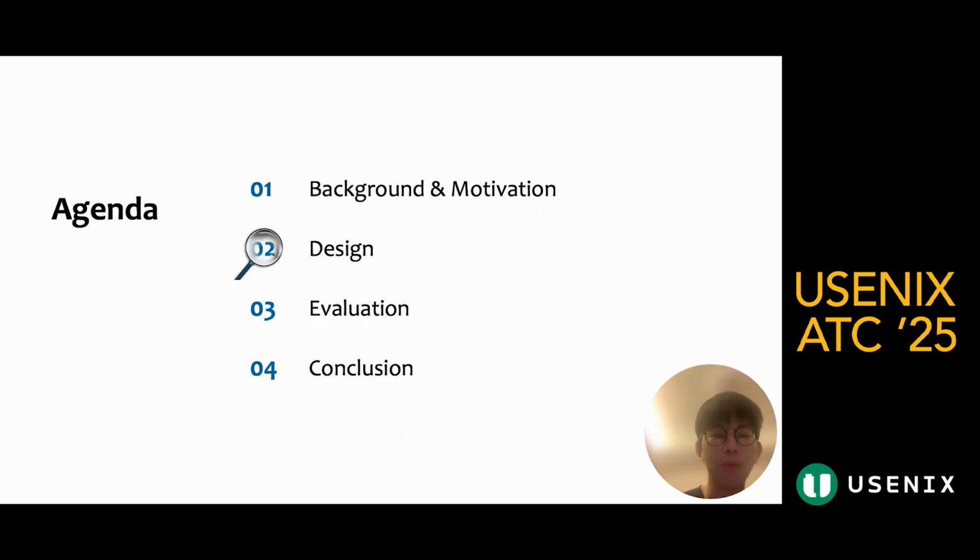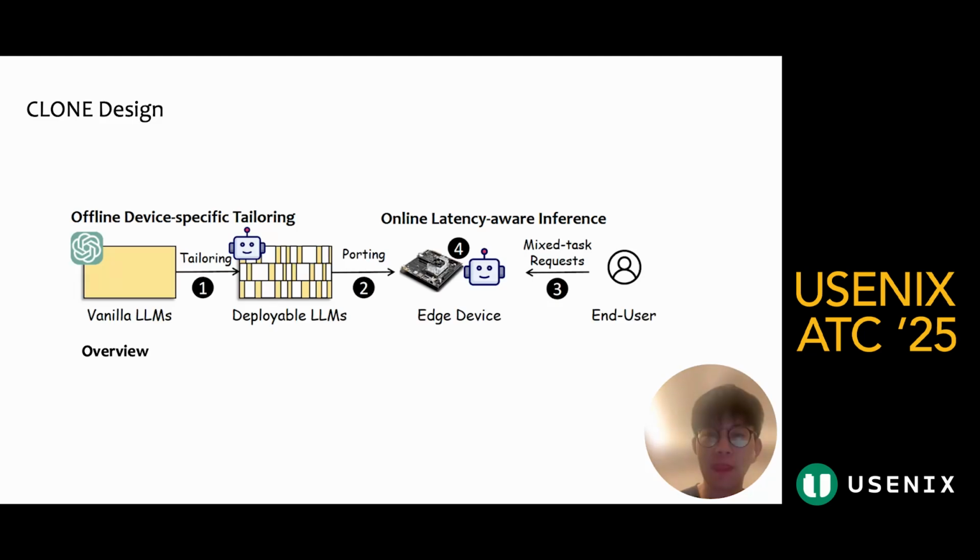Based on the opportunities, next we will walk through the design of Kahou. The architecture of Kahou can be divided into two stages. First is the offline device-specific tiering, where we tailor the original LLMs into a deployable LLM, then port it to the edge devices.